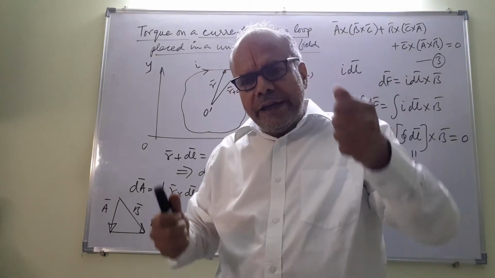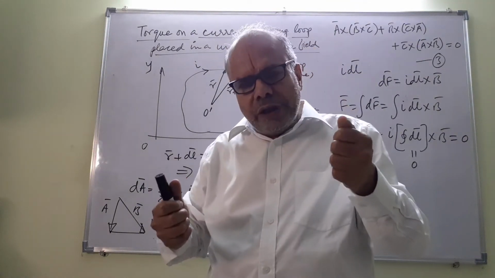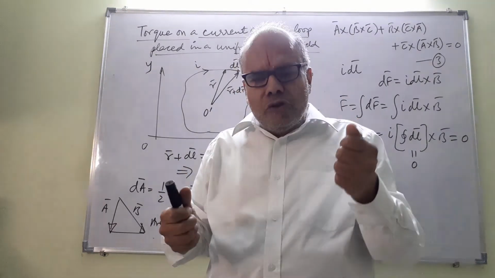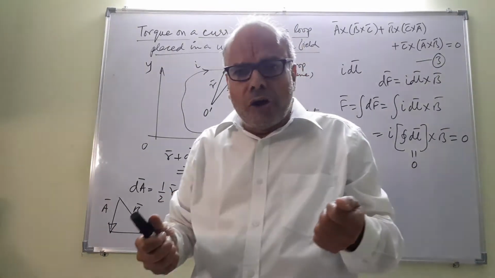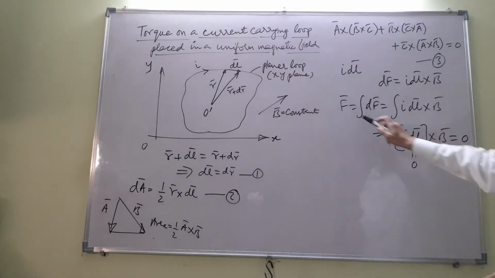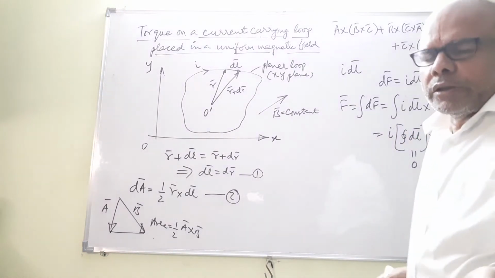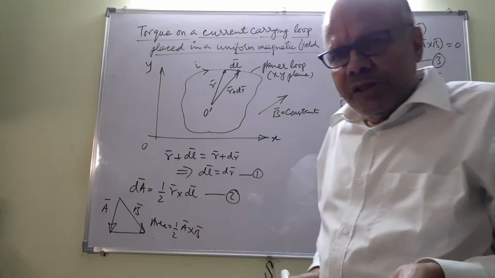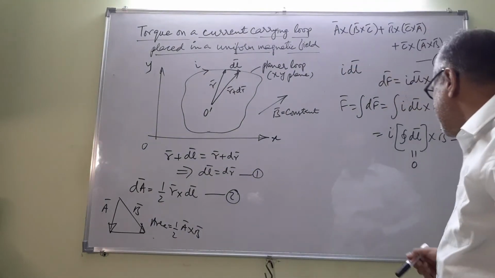Both are additive: this has a clockwise torque, this also has a clockwise torque. So there is a torque. This is known as a couple. The net force is 0, but the torque is not 0. Very similarly, here the net force F total is 0, but the torque need not be 0. In fact, we will see that it is not 0 in this case.